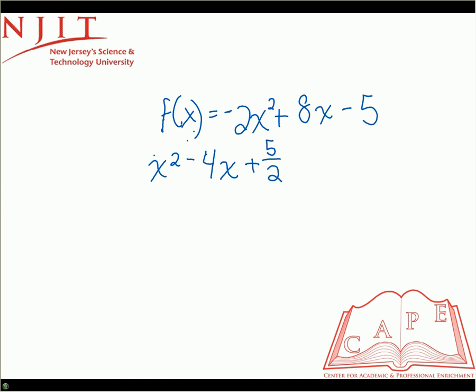Okay, so then as you remember, we have to complete the square by taking the second term, the coefficient, which in this case is negative 4, and we're going to divide by 2 and square it. So don't forget, we rewrite here minus 4x, we leave a gap, and then write plus 5 over 2.